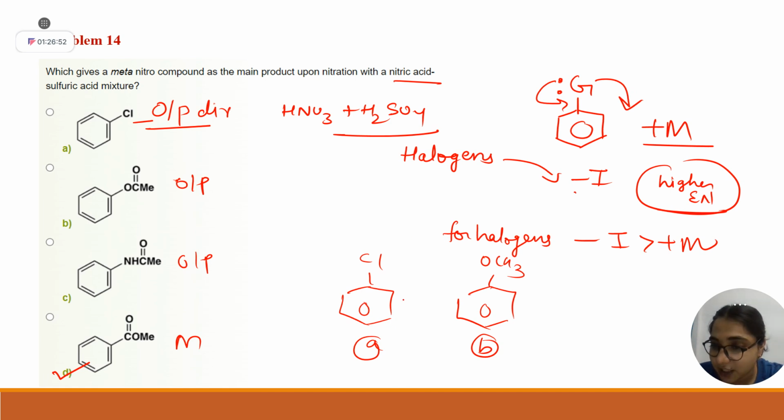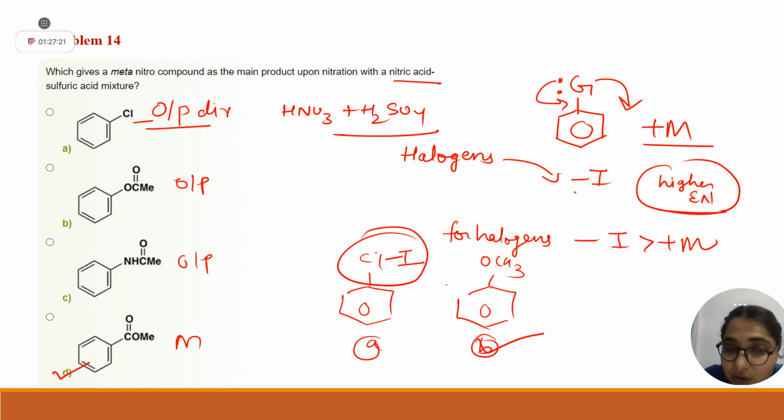Among options A and B, which has the greater rate for electrophilic aromatic substitution? Option B, ma'am. Everyone with option B? Yes, ma'am. So you are correct. You should be confident. Why? Because we know both are ortho para directors, but chlorine's minus I effect is more than its plus M.